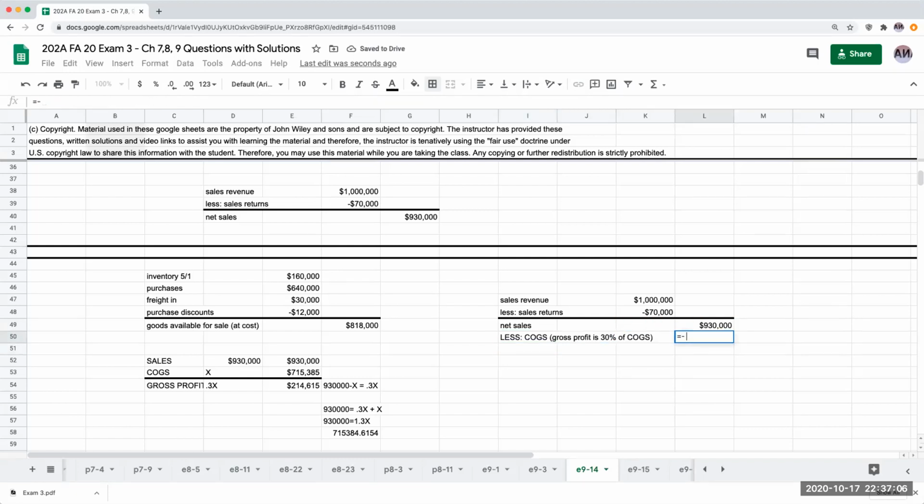So this is going to be less 715,385. So my estimated ending inventory is going to be 214,000.